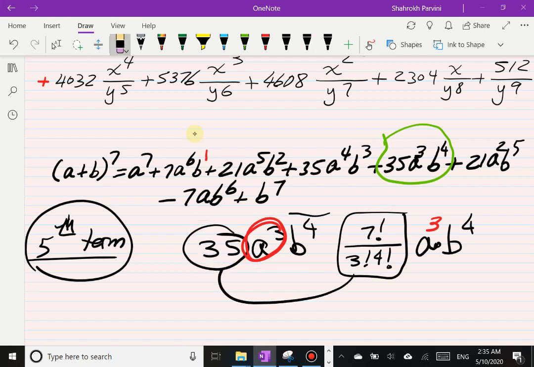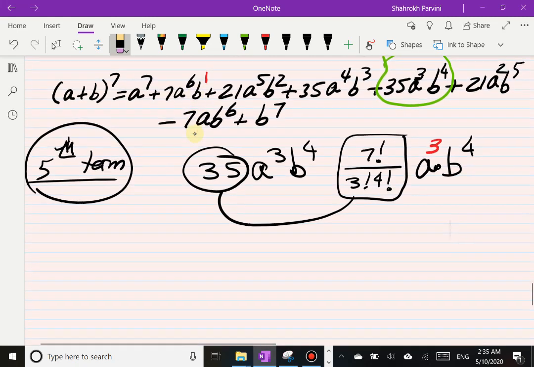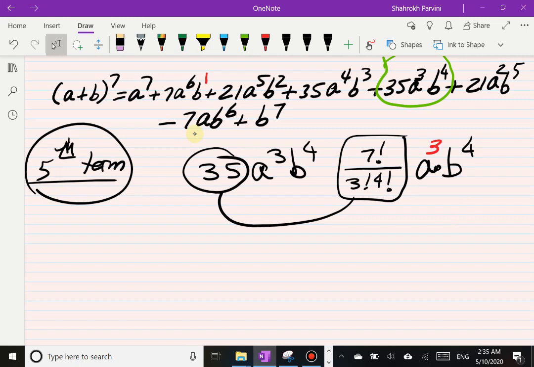Okay, and now we can actually write any term in an expansion based on the pattern we just saw. So let me make up an example here. An example. And then we'll look at the exercise in the book. In this example, let's say I'm doing m plus n to the 12th power. Don't worry, we're not going to expand this.